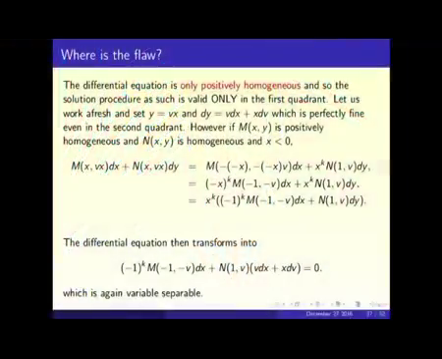So I pulled out the minus x to the power k, and I am getting minus x to the power k into M of minus 1 comma minus v. From the second term N, I can pull out an x to the power k because the N term is homogeneous. I know that. There is no problem. And dy is of course v dx plus x dv.